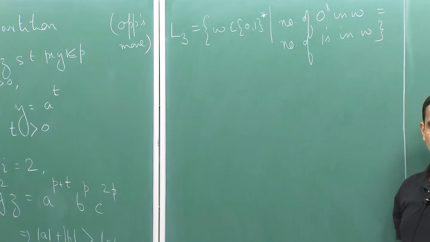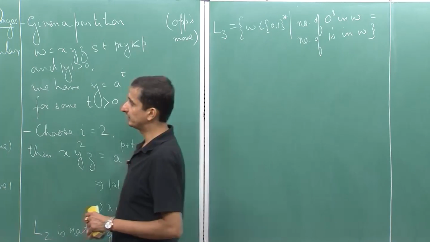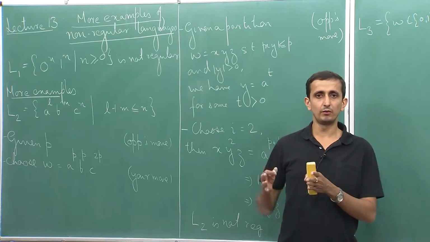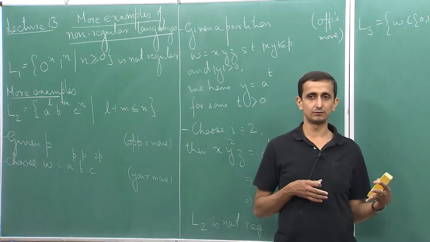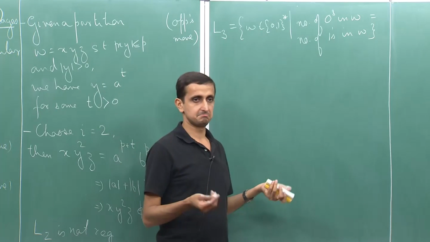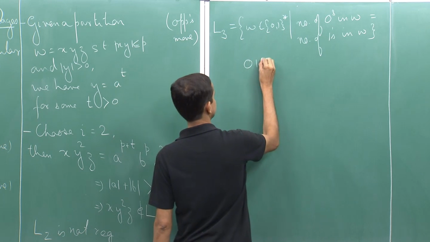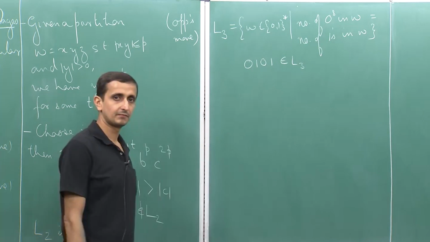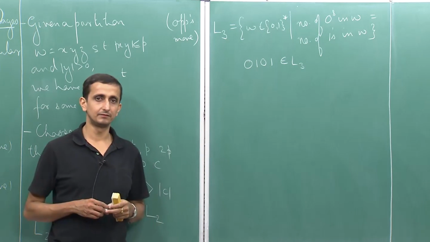So, it has an equal number of zeros and ones, but the crucial difference between this and L1 is that in L1 all the zeros were contiguous and all the ones were contiguous. So, we had a sequence of zeros followed by a sequence of ones. Here that is not the case. Here they can be distributed anywhere. For example, 0 1 0 1 belongs to the language L3. So, how do we prove that L3 is not regular?